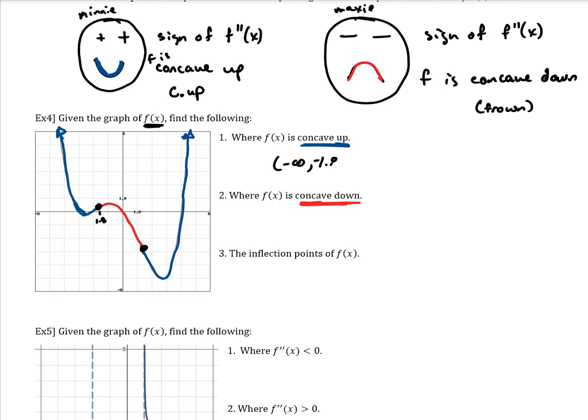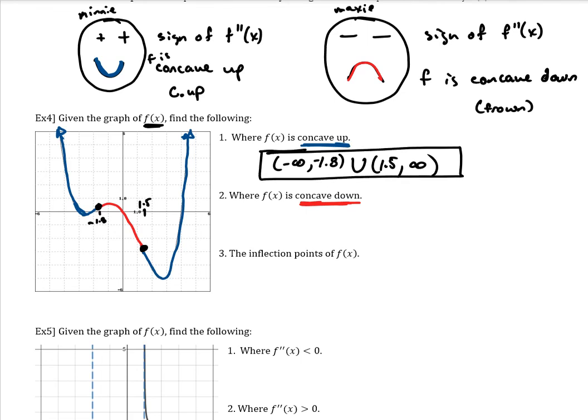I'm going to say negative 1.8 because it's on the left. Then the next time it's concave up, let's use our union symbol, begins maybe at 1.5. 1.5 is our x value there, and then 1.5 comma infinity because it goes right forever.